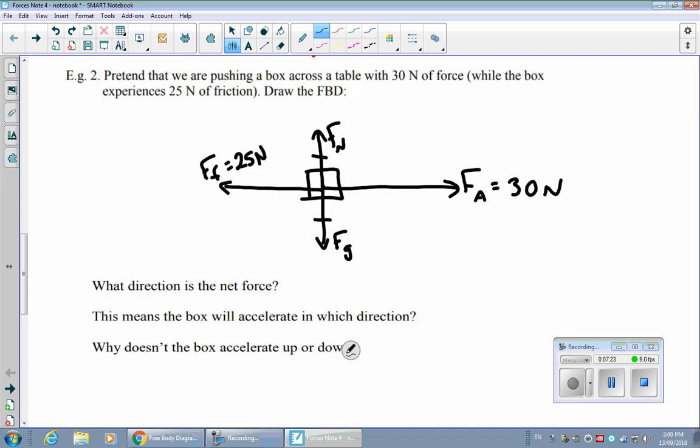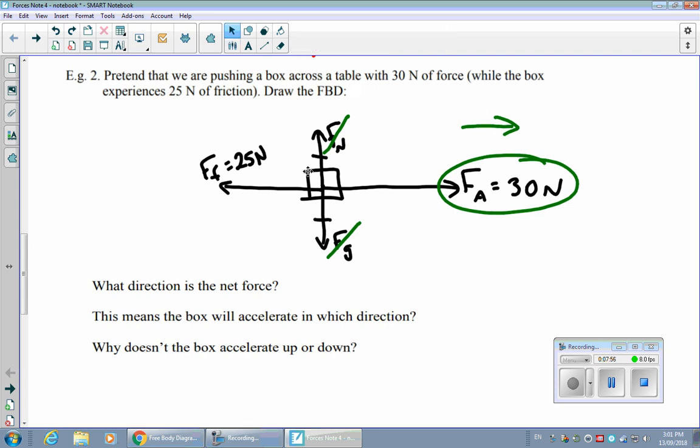Now I need to ask myself, what direction is the net force in? Well, in terms of looking at net force, we know that the Fg and the Fn essentially cancel one another out. They won't affect our total. They equal zero net force when we combine them together. It's the other two that we need to think about. But because the Fa, the applied force, is greater than our frictional force, we know it's going to accelerate in that same direction.